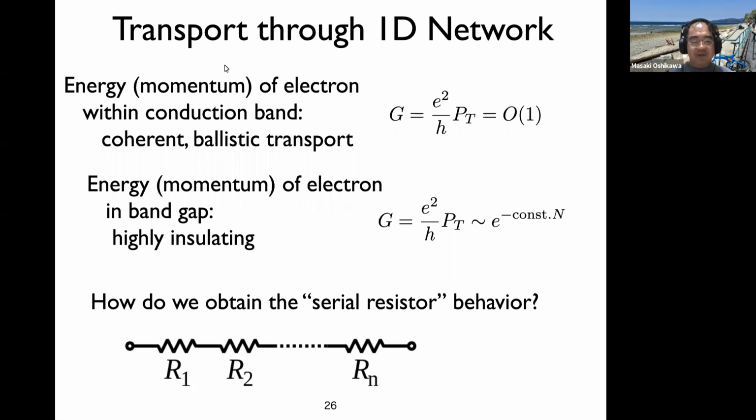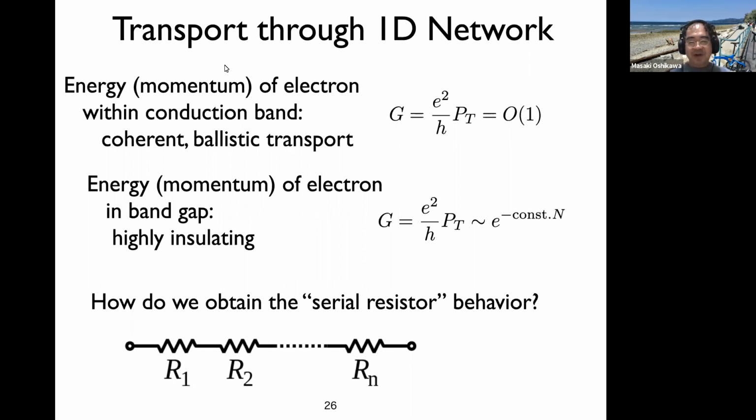On the other hand, if the energy or momentum of the incident electron is within the band gap, then the system is highly insulating because conductance is exponentially suppressed, like e to minus some coefficient times n. So this is nice, and this is exact for the quantum mechanical problem.